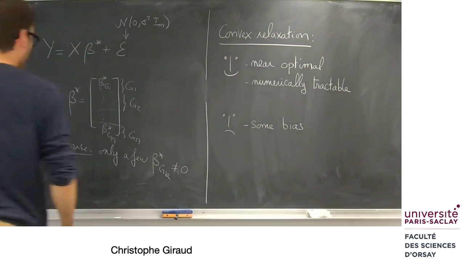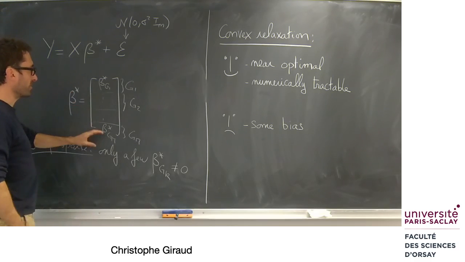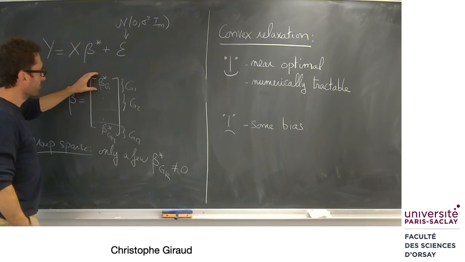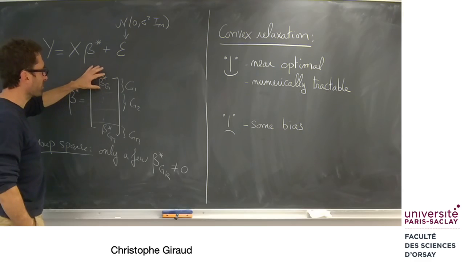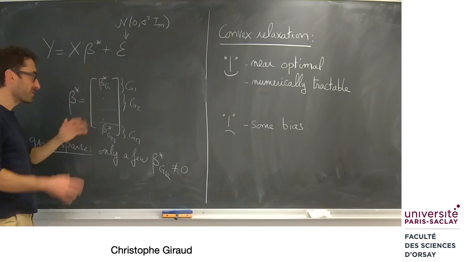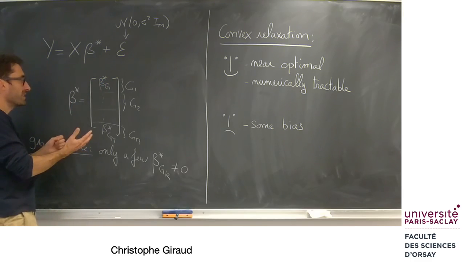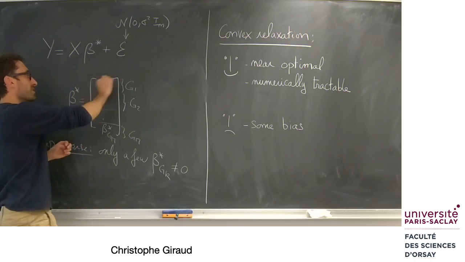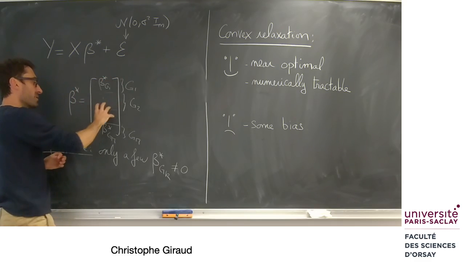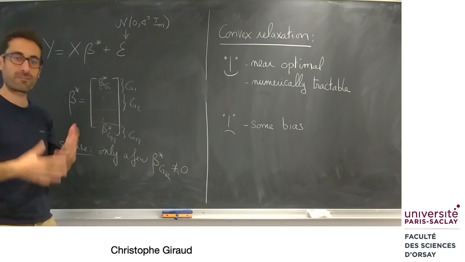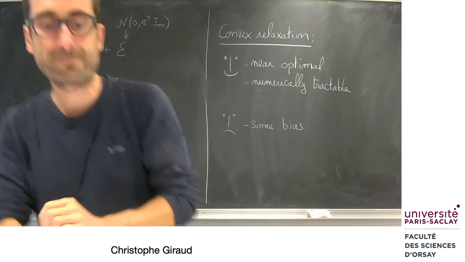So if you look at your different entries, what you will do is, if the norm of this entry is larger than lambda 1, you will not change it. And if it is smaller than lambda 1, you will set it to 0. So this is exactly the same as for hard thresholding, except that you are not thresholding each entry, but each group by looking at the norm of your vector in this group.